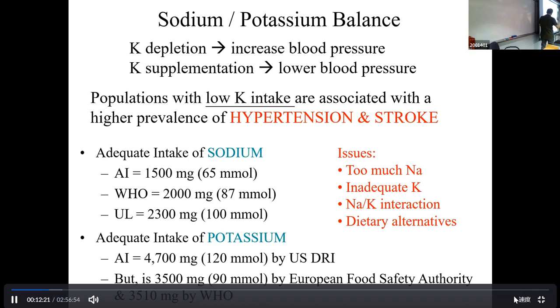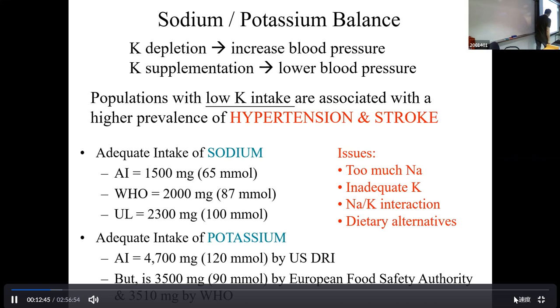WHO would say 2 grams, upper level 2.3, and of course, in general, the majority of us are taking in more than 2.3. In some studies in China, the average intake is maybe 5 or 6 grams a day.